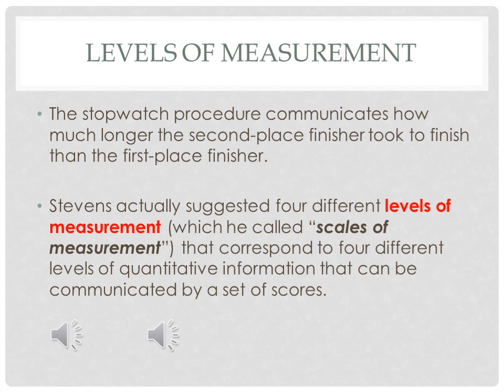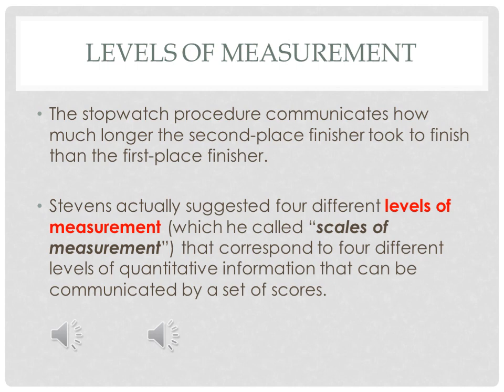And Stevens suggested that there are 4 different levels of measurement, which he calls scales of measurement, that correspond to 4 different levels of quantitative information that can be communicated by a set of scores. So he suggested that there will be mainly 4 different levels of measurement, and he called them scales.